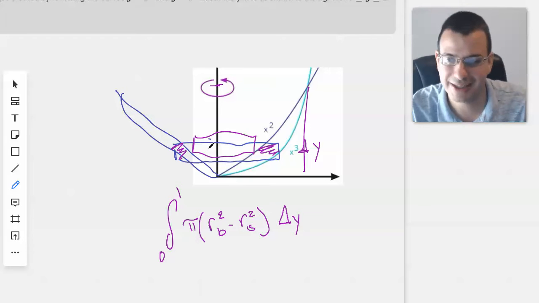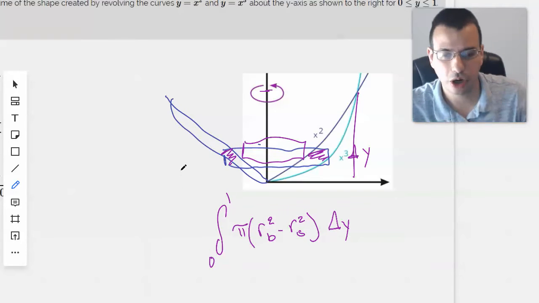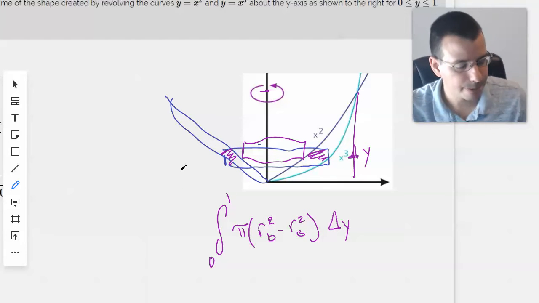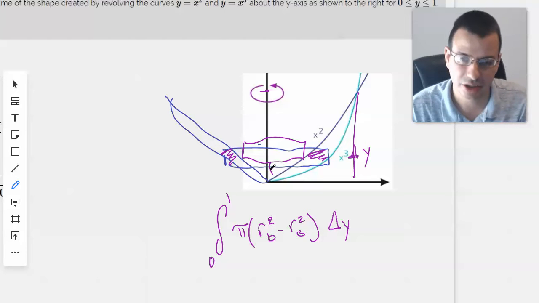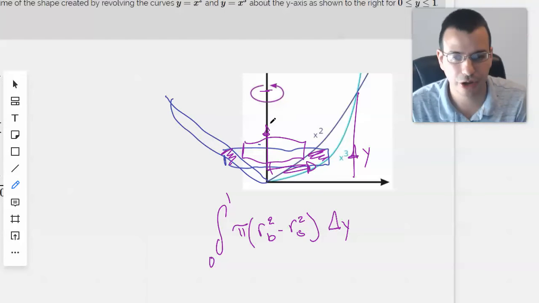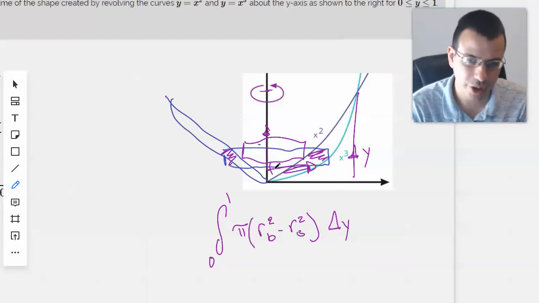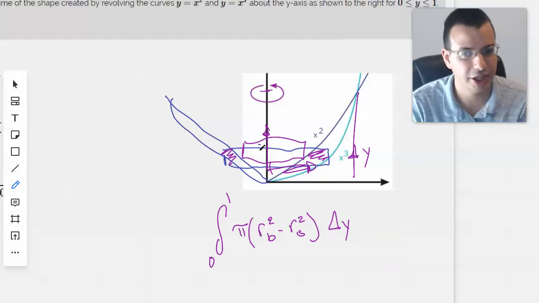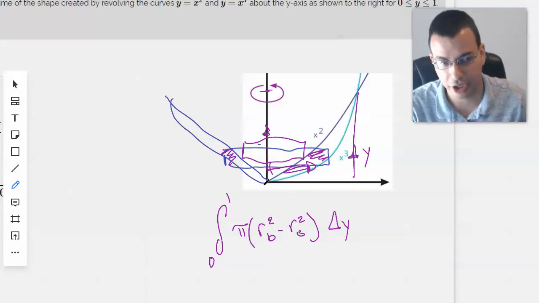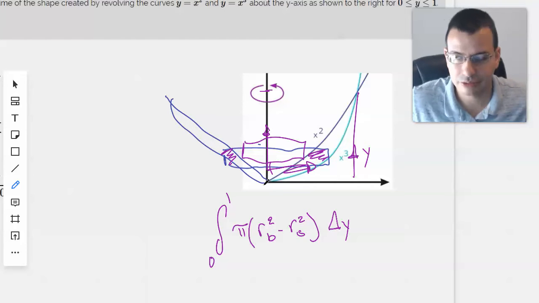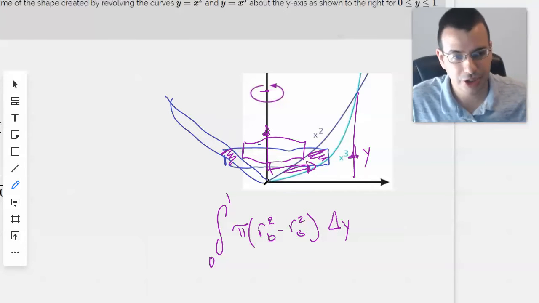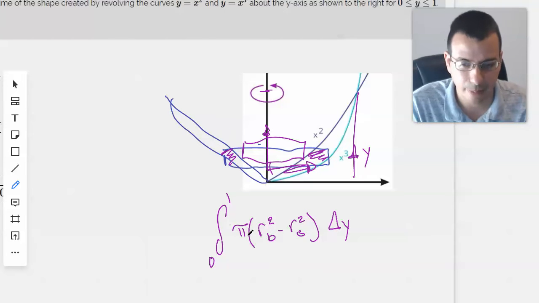Now allow us to use the disk method. Whenever you are integrating, your radius is perpendicular to the direction that you are integrating. So our radius here will be to the right along the x-axis, and we're integrating in the y direction. That will almost always be using the disk method, where you have pi r squared.